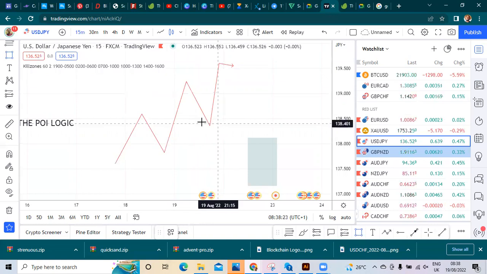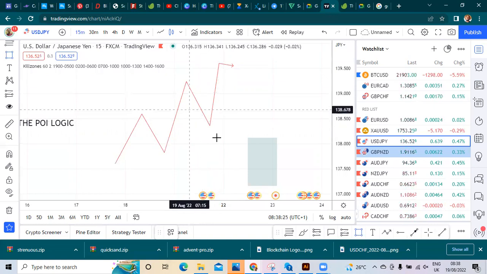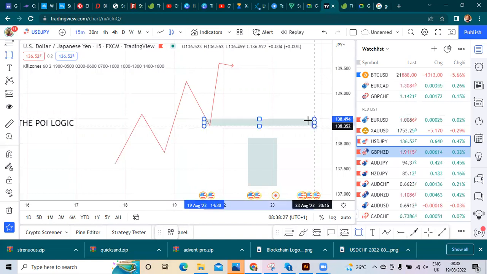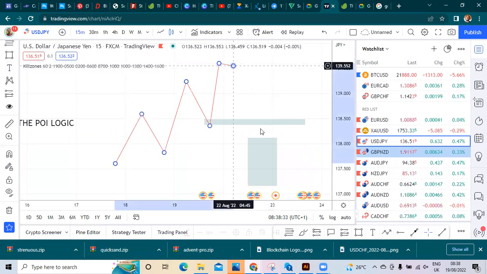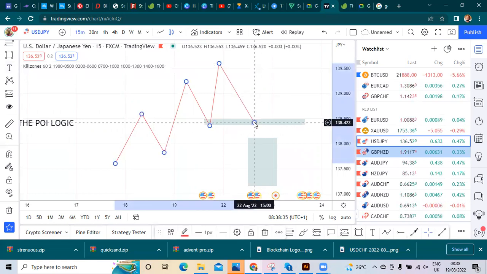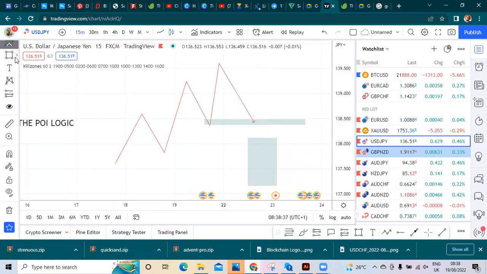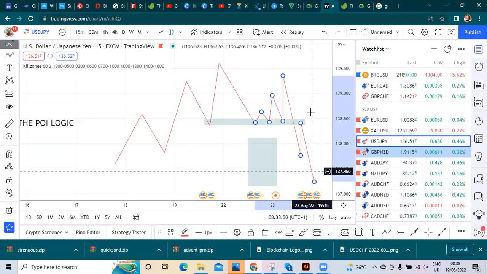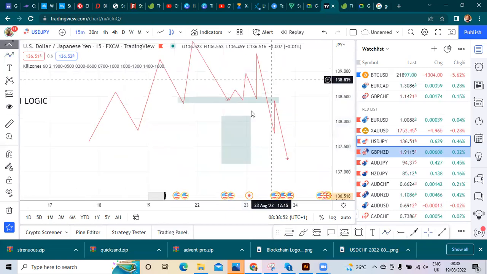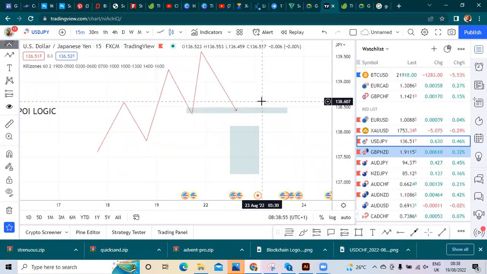Okay, so the market behaves in a way that areas like this, if you mark it out with any tool on TradingView, you find out that price comes into it and does something. It could do this, or this, or this, or this, right? But such areas, price likes playing around them.